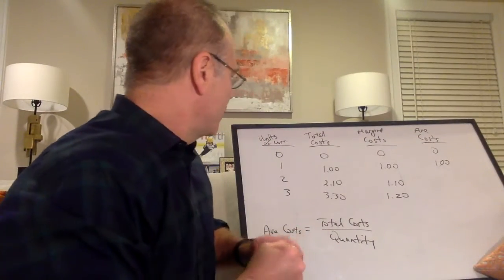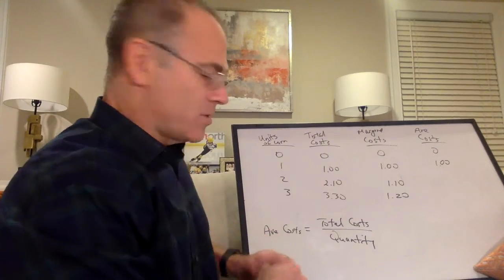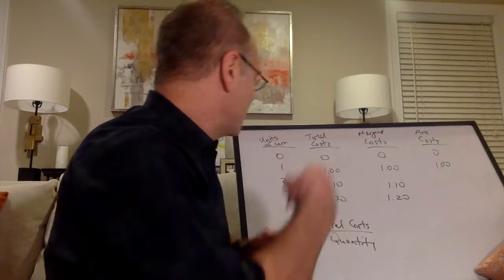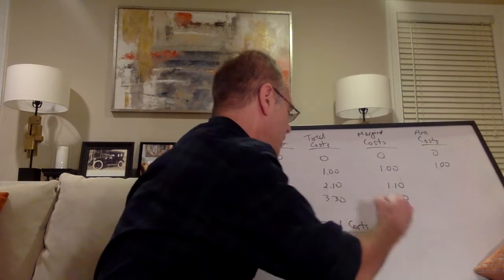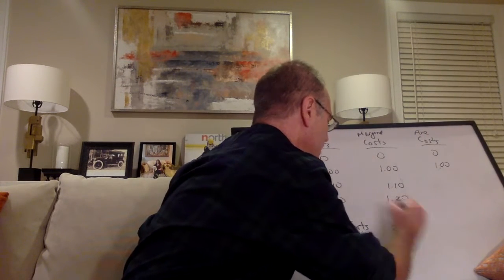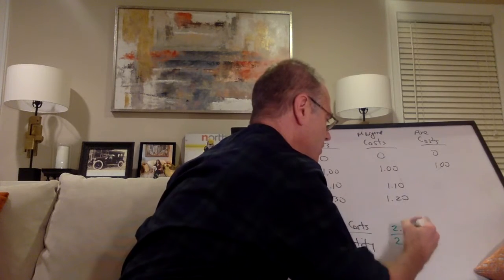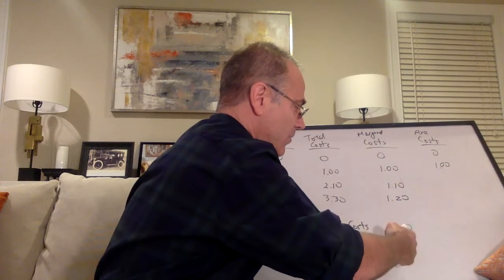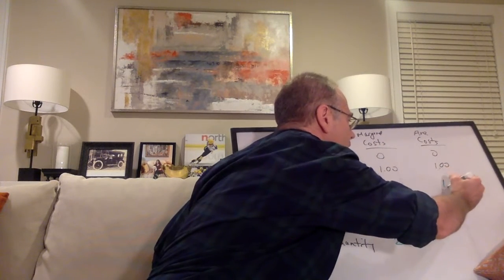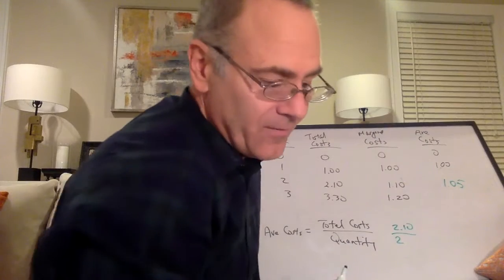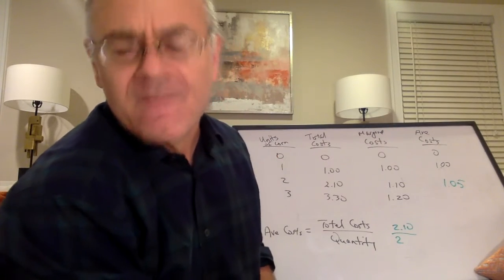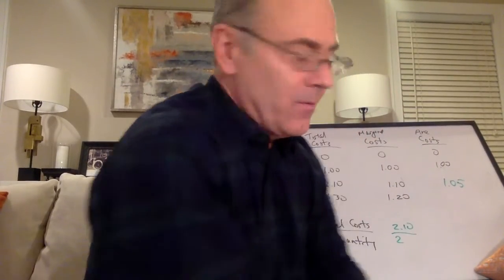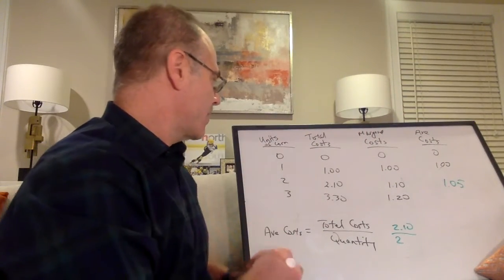Okay, so when we go to 2 units of corn, total cost, tell you what, I'll use green. Total cost is $2.10. Quantity is 2. So the average cost is going to be $2.10 divided by 2, and that is $1.05. Okay. Now, what about when we go from 2 to 3?